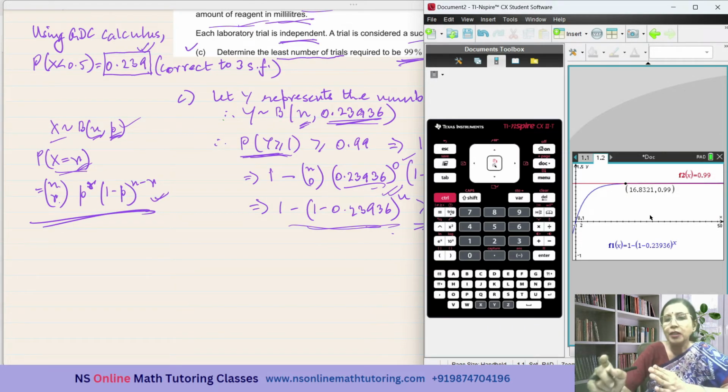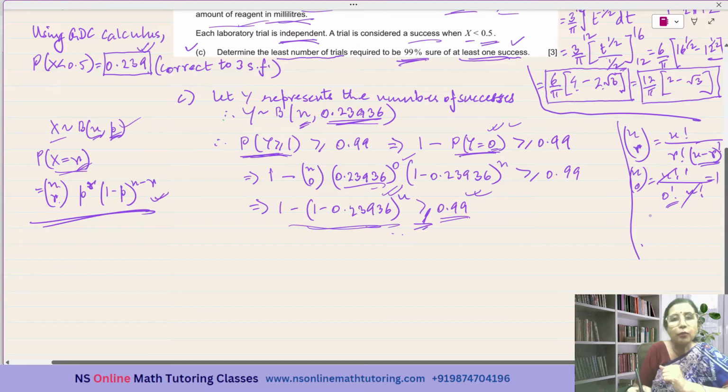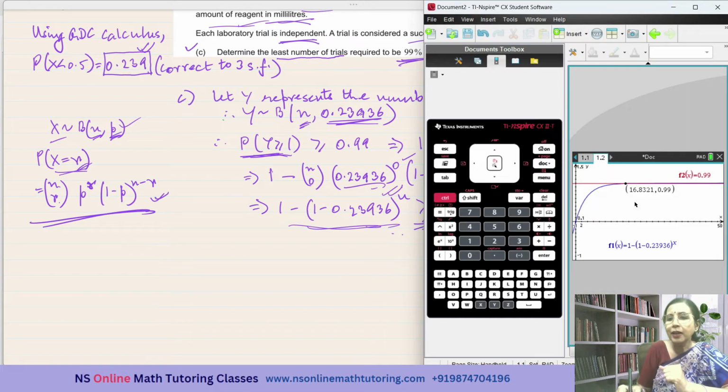After that the blue colored one is moving up above the red one. So n should be more than or equal to 16.8321 because the equality sign is included. So I have to give the answer as n is greater than or equal to 16.8321.